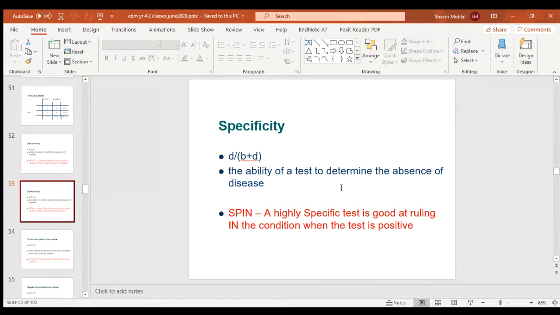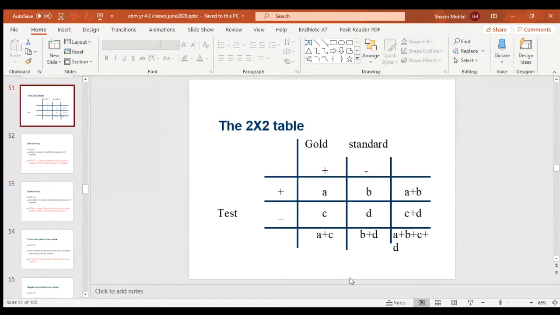And we could go back to the table and understand why again. If a test is 100% specific, and we just said specificity is D over B plus D, then if D over B plus D is 100%, it means B is 0. It means that test has no false positives.